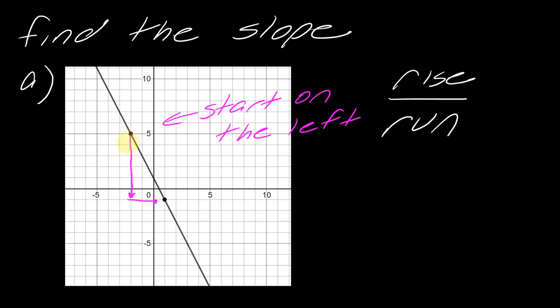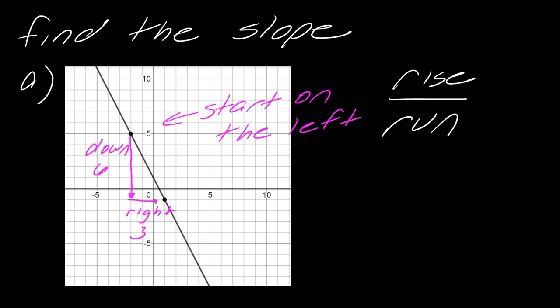Starting here, I go down 1, 2, 3, 4, 5, 6. So I went down 6, and then I turned and I went 1, 2, 3 to the right. So this is right 3.